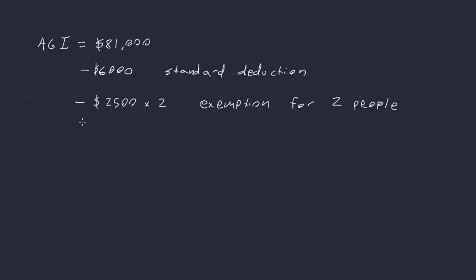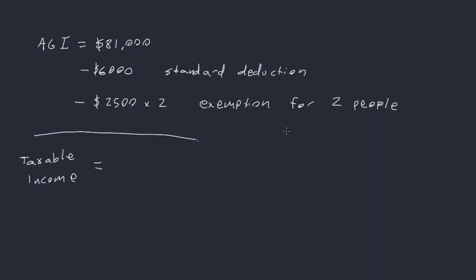Okay, so you take your adjusted gross income, which is here 81,000. We're going to subtract the standard deduction and these 2 exemptions, and this will give us the taxable income. Okay, so that is why we specify income being taxable, because not all of it is considered taxable.